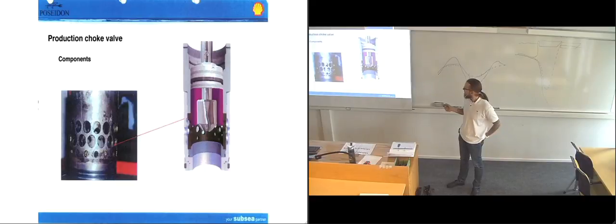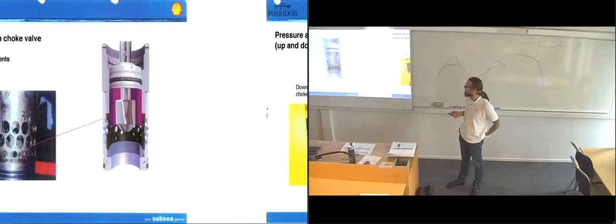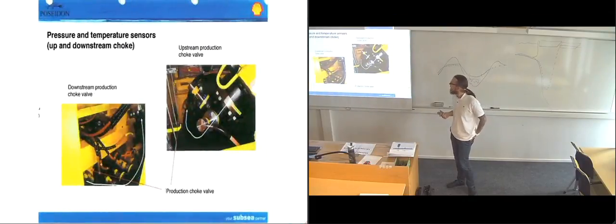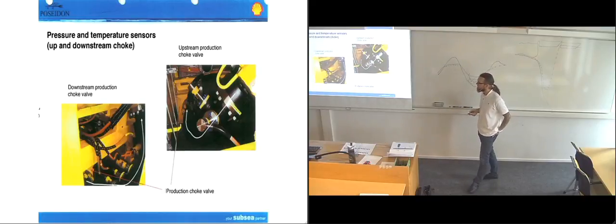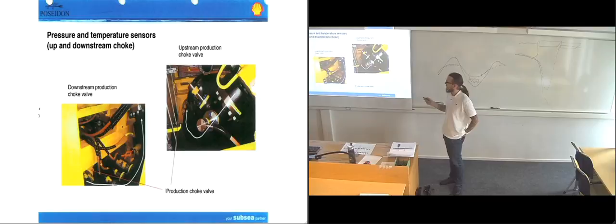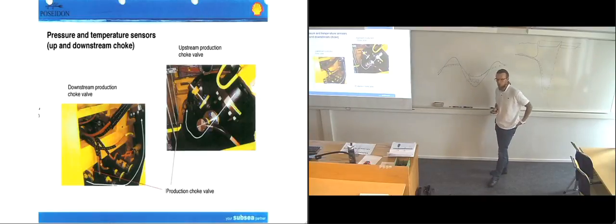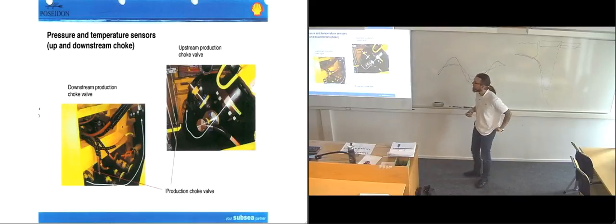Yeah, this is just a bit closer up look at the components of the choke valve. And they have pressure and temperature sensors both before and after the choke valve, which is nice to have. At least the pressure ones will be nice to have to see the effect of your throttling.